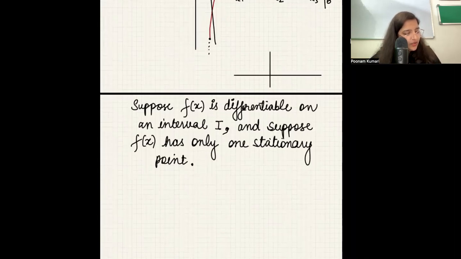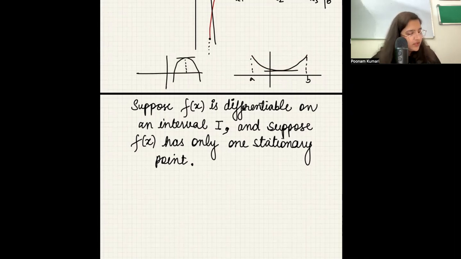This is the interval, let's say a to b, and your function is differentiable in this entire interval. There is no corner, and there is one point where the tangent is parallel to the x-axis. So we are talking about a function which has all these properties. Something like this, or you can have a function like this. This is differentiable and there is only one point where your function has a stationary point. Let's say this is the a value and this is the b value.